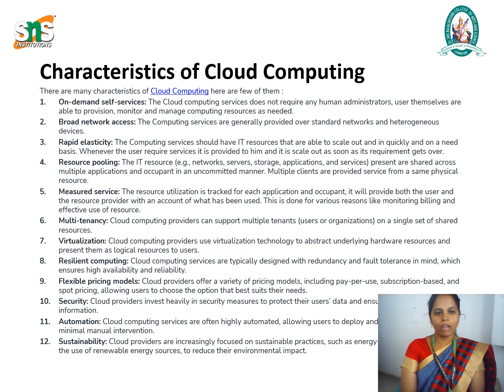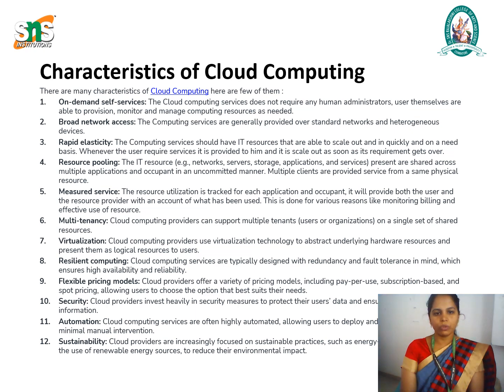And then rapid elasticity. The computing services should have IT resources that are able to scale out quickly and on a need basis. Then resource pooling. Already we have seen about resource pooling.